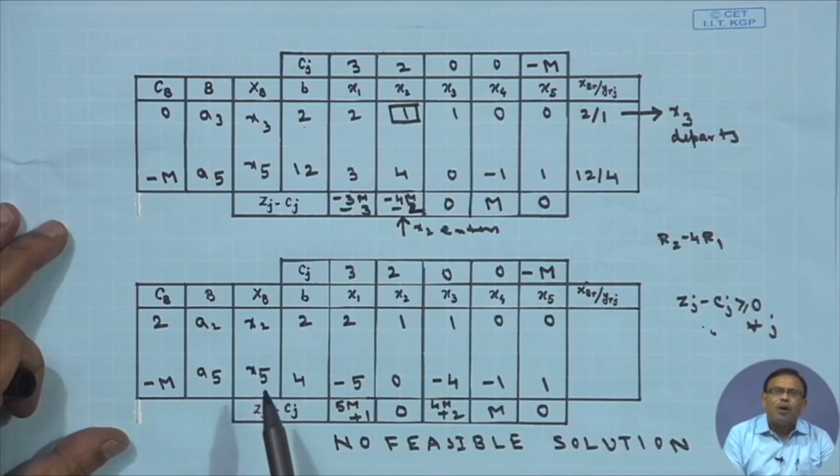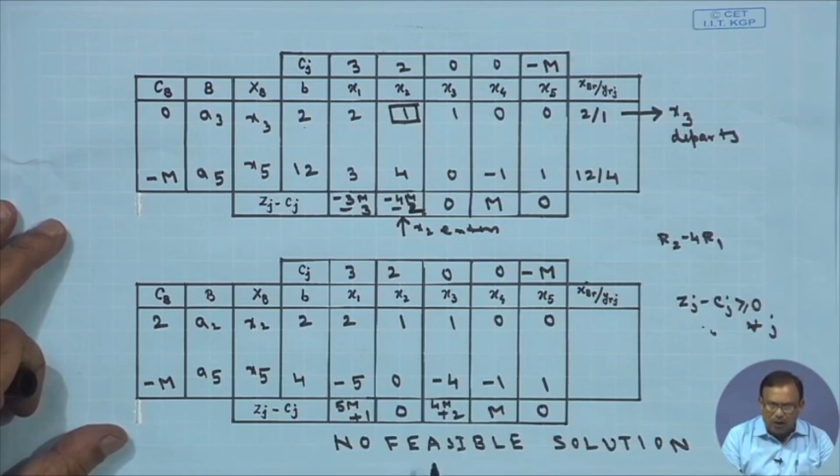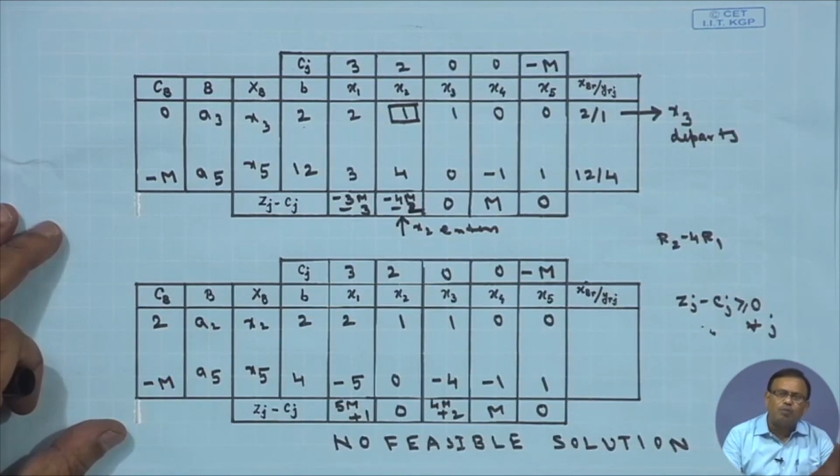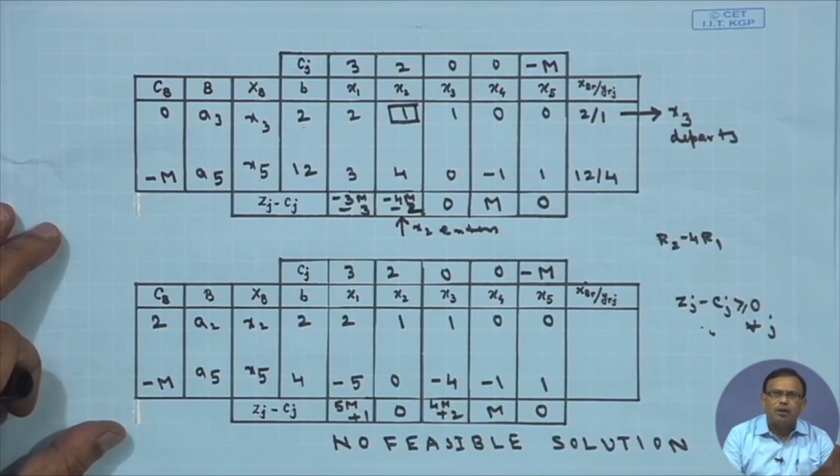So, therefore, the cost will be very negative, instead of maximization the cost will be too negative, or in other words we can say that from our procedure whatever we have discussed earlier, this particular problem has no feasible solution. So, in the next class we will solve one or two more problems to clarify this particular method.